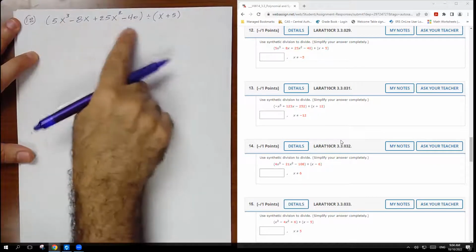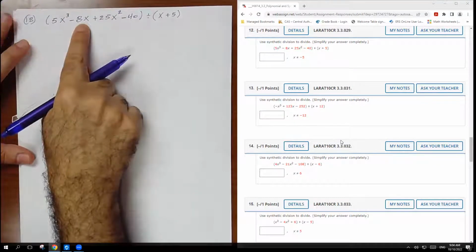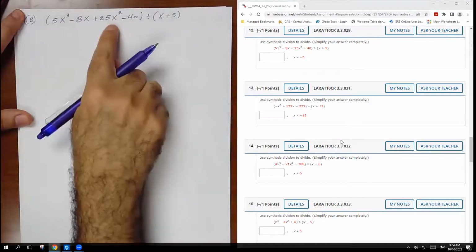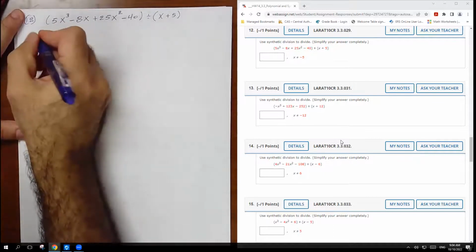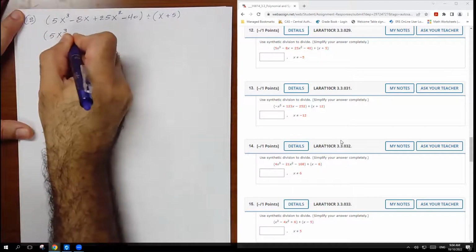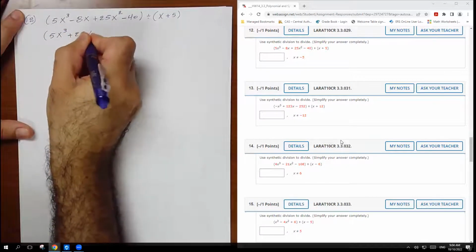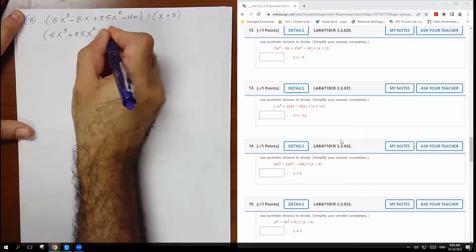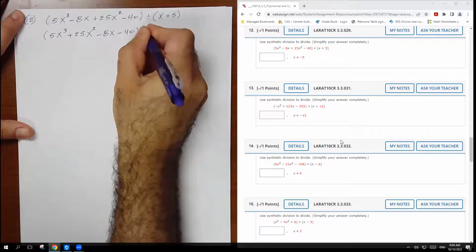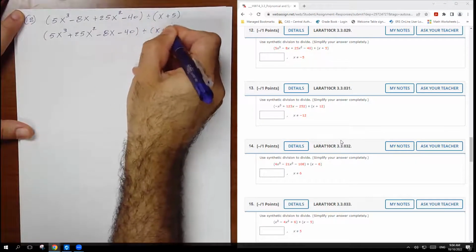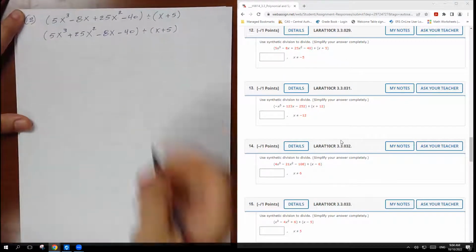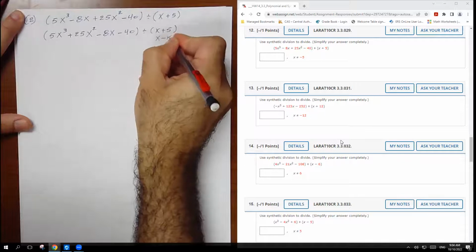If you look here, x squared is before x, so if you did the synthetic division, your result is going to be wrong. So you have to write this first, then the 8. So this one is going to be 5x cubed plus 25x squared minus 8x minus 40, divided by x plus 5. Then this is x plus 5, that means x minus k.